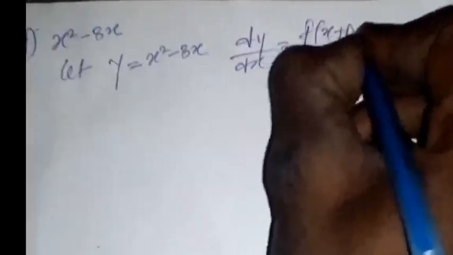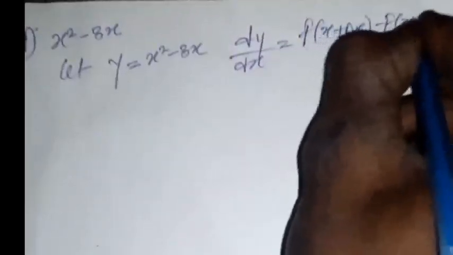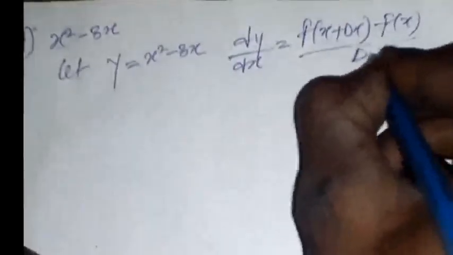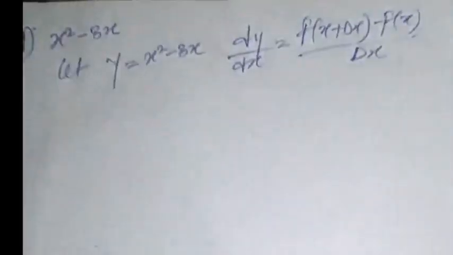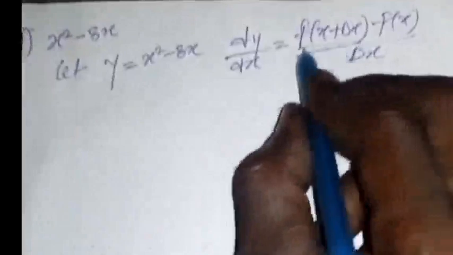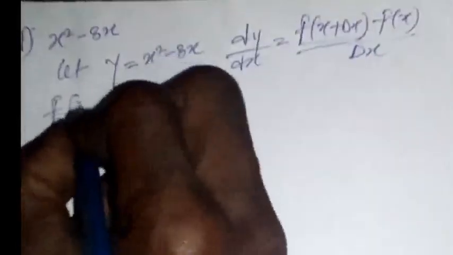Question D. In order to apply first principle, which is given as dy dx is equal to function of x plus delta x minus function of x all over delta x, in order to apply it, we firstly evaluate this. We have function of x plus delta x.